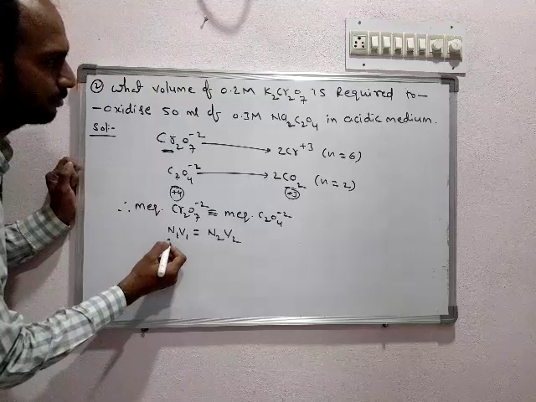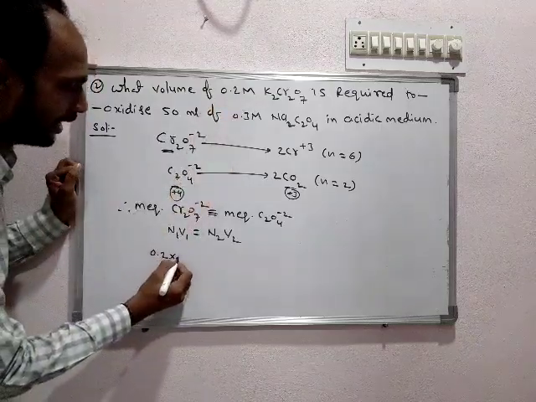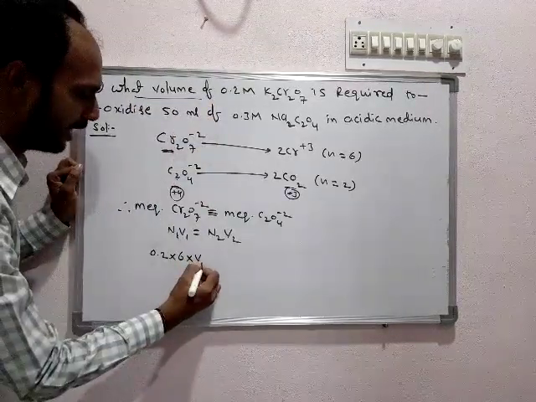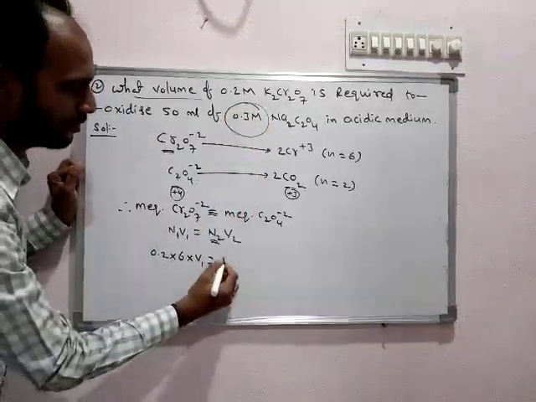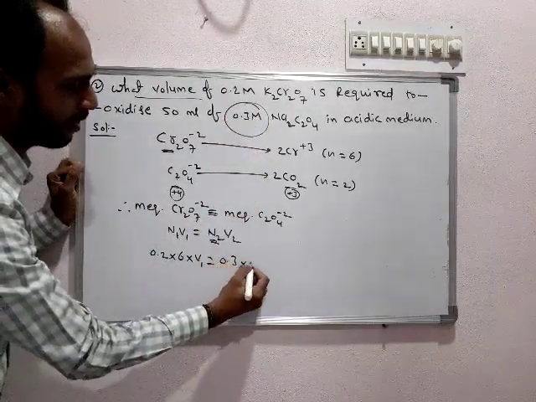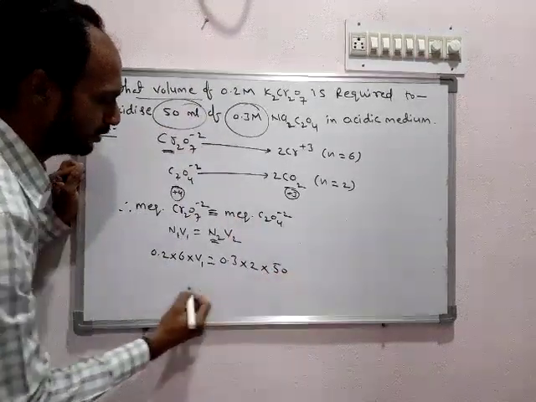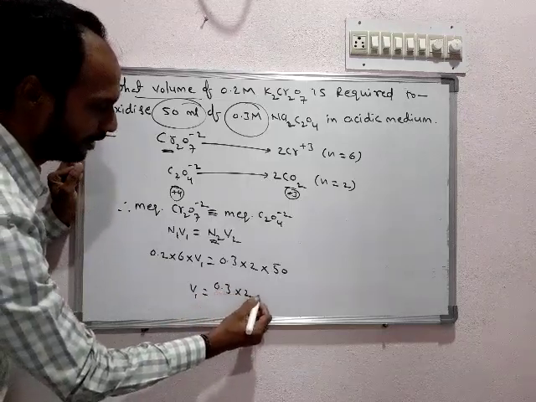Again N1 is given in terms of molarity, meaning molarity into N factor. We need to find the value. So N2, this is 0.3 in terms of molarity, what is the N factor? 2. What is the volume given? 50 milliliters. So same, we need to find the value of V1.